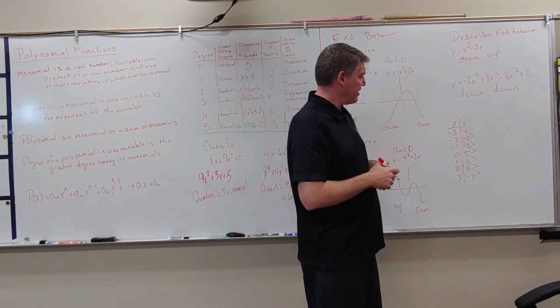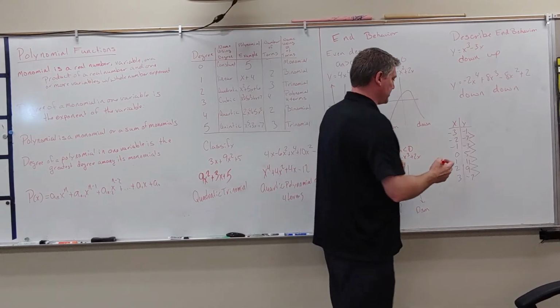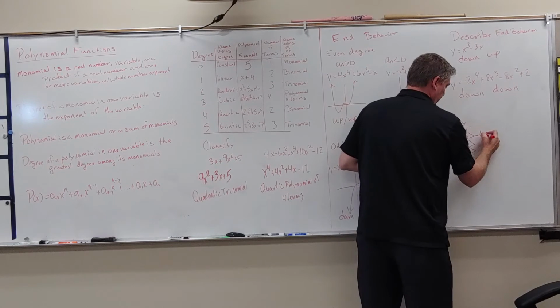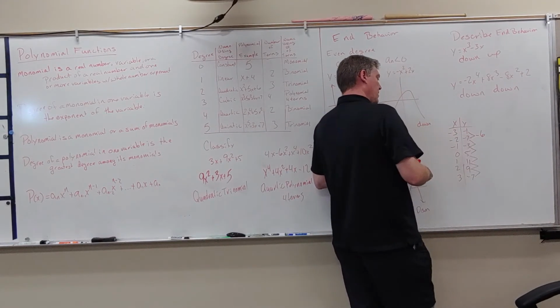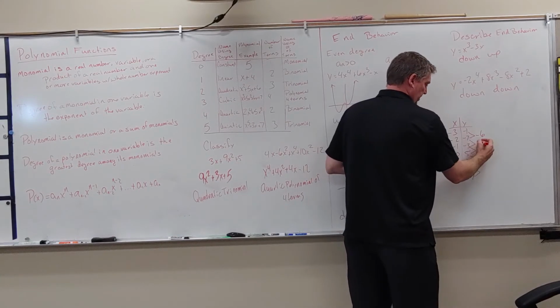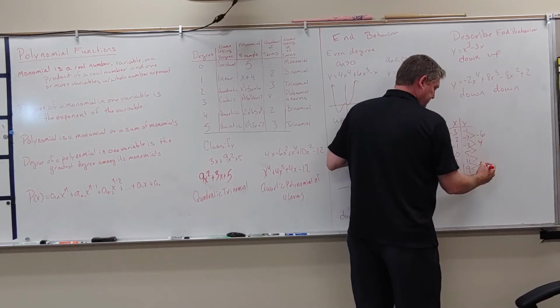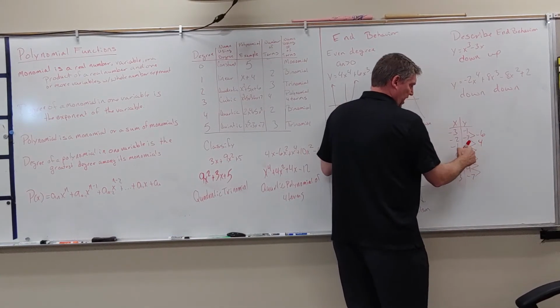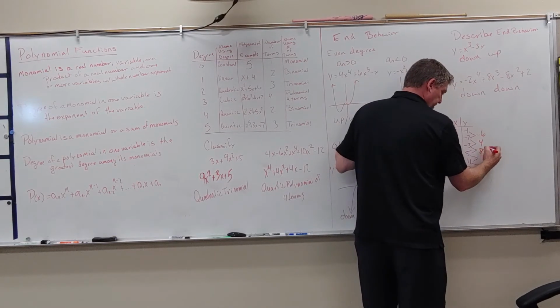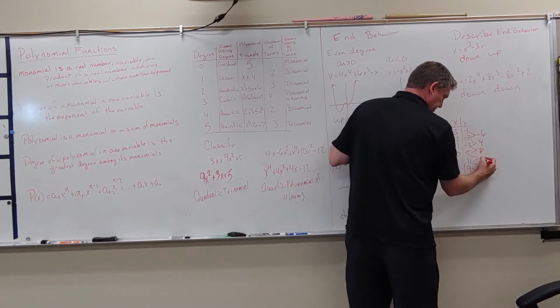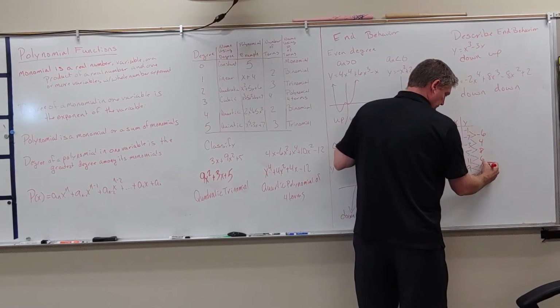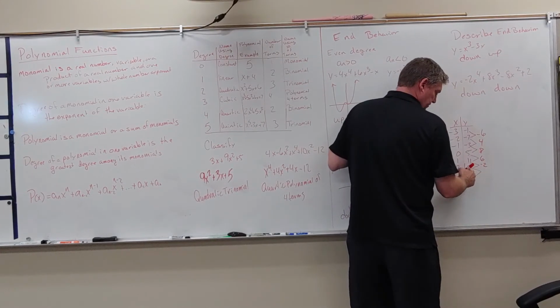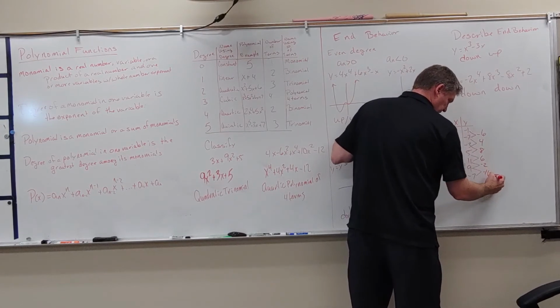So if I find my difference here, this is going to be negative 3 minus negative 7 is going to give me 4. 5 minus negative 3 is 8. 11 minus 5 is 6. 9 minus 11 is negative 2. Negative 7 minus 9 is negative 16.